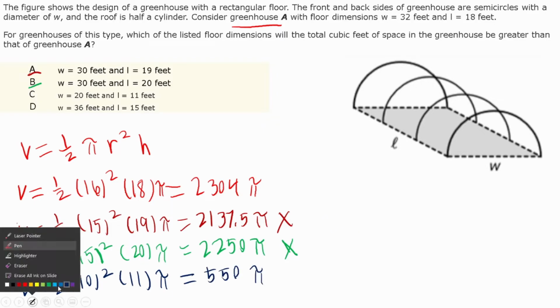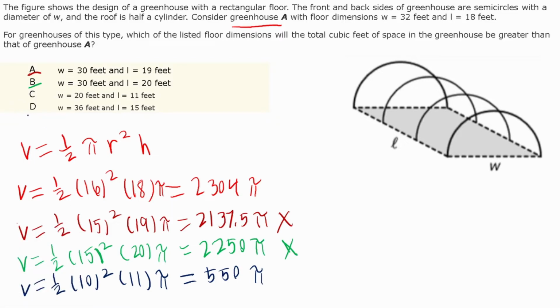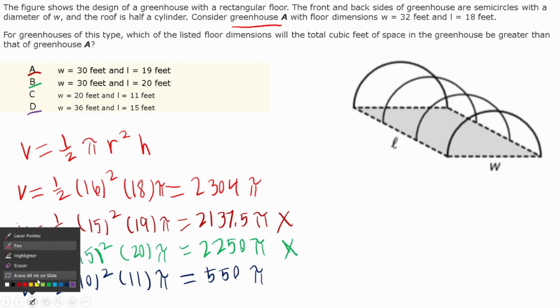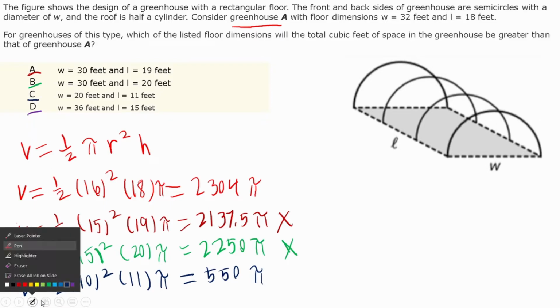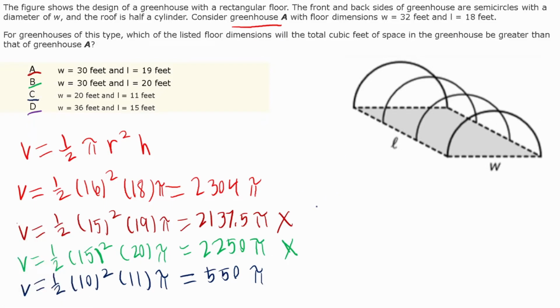And my last one, which has to be our answer here. Oh, I forgot to underline C. Just to color coordinate. And our last one, the volume is 1/2. We do half of 36, which is going to be 18 squared, and then 15 pi.